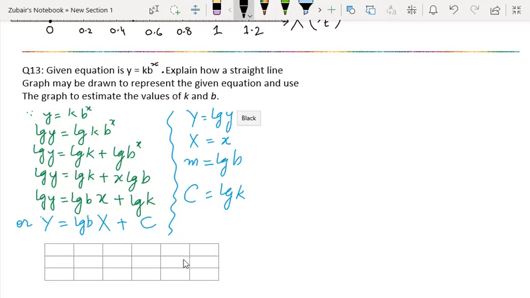The values of x and y are as given in the question. The x values are 1, 2, 3, 4, and the y values are 30, 75, 190 and 470.